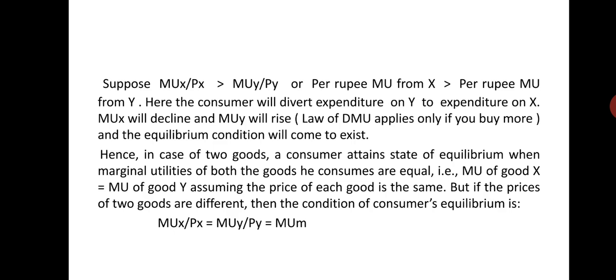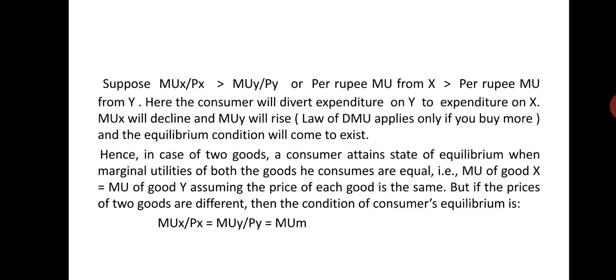But if the prices of the two goods are different, suppose the price of commodity X is 1 rupee per unit, the price of commodity Y is 2 rupees per unit, in this case the condition for equilibrium is MUx upon Px is equal to MUy upon Py is equal to MUM. Right?